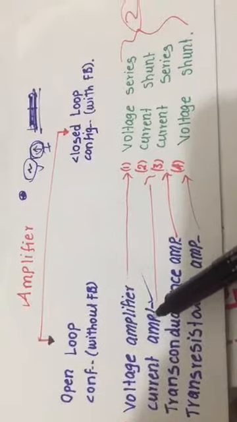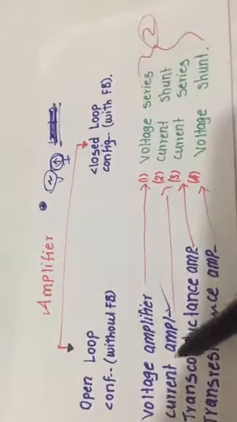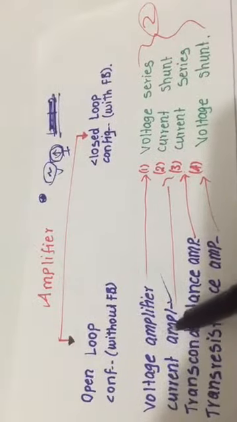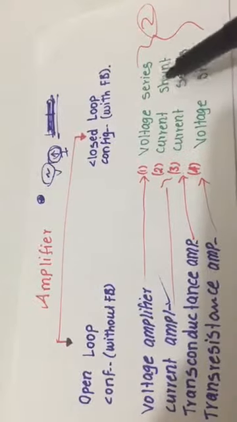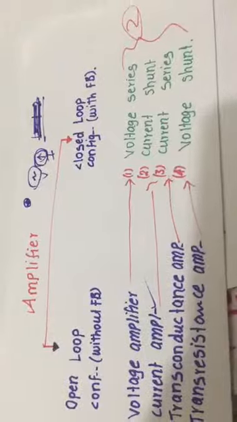We already said in lecture number 2 that the current amplifier and the current shunt are both the same. Since both of them are the same, what was the formula for the gain of a current amplifier?